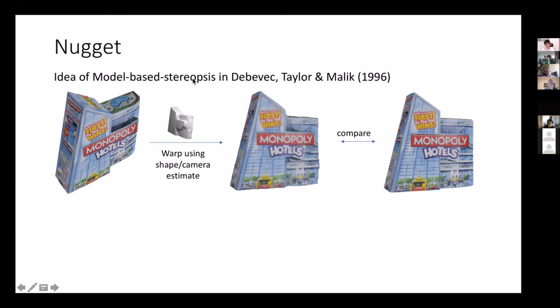A section of that paper talks about something called model-based stereopsis. And the idea is something like this, that we are going to do this iteratively, and basically given your current guess of the shape, you will try to solve an easier correspondence problem. I'm going to go into it in a bit more detail. So that was an idea we had back then.